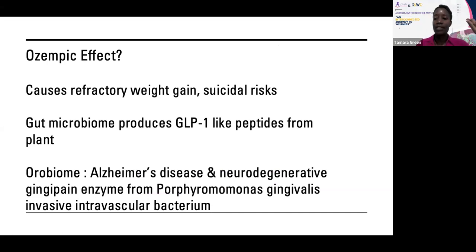And the Ozempic effect also has suicidal thoughts. So there is an increase in suicidality. Now, what's happening? This is happening because the GLP-1 receptors are not only in the gut or in our peripheral organs, but they're also interspersed throughout our brains.